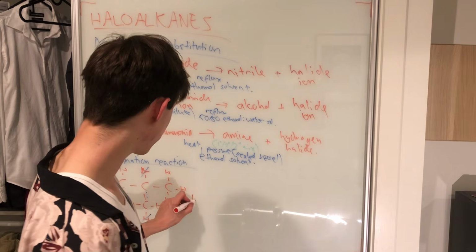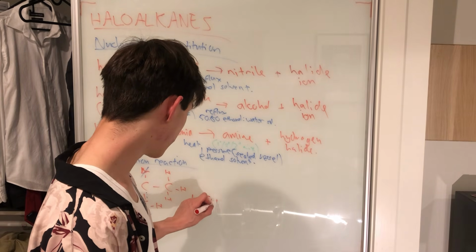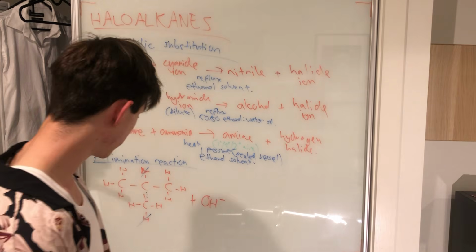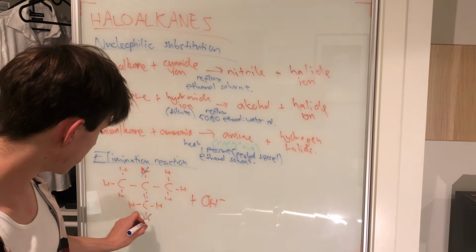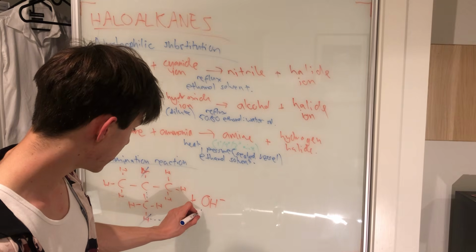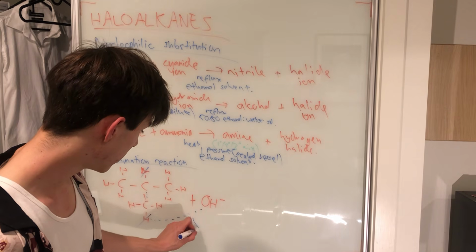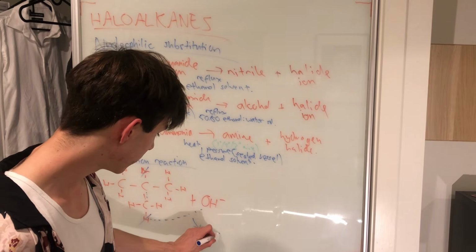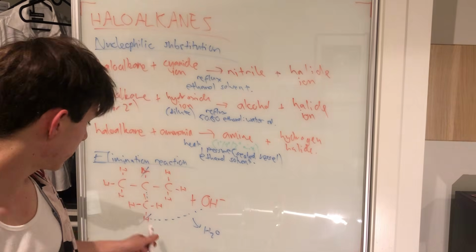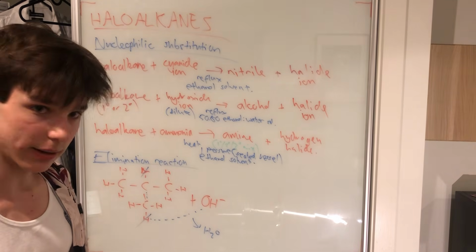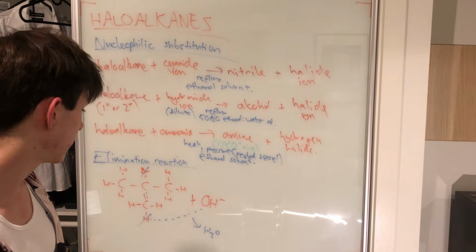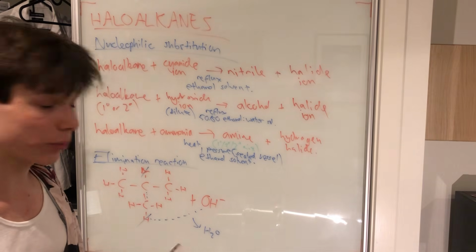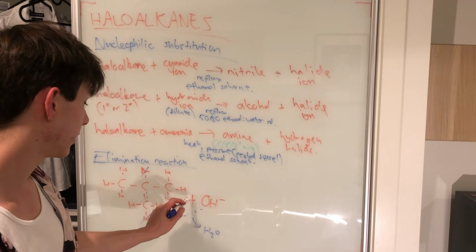Now, this involves a reaction with hydroxide ion because this hydrogen atom goes ahead and forms bonds with that to form water. Hydrogen plus hydroxide, water. That's why we need our hydroxide ions.